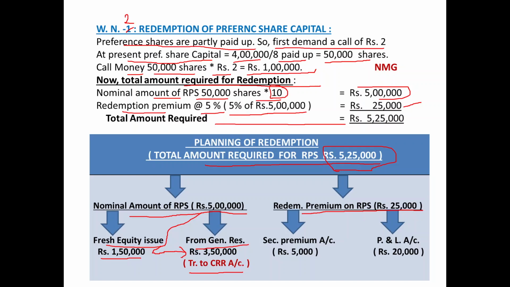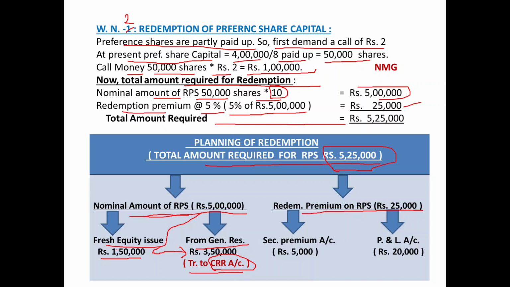As we already saw in the balance sheet, there was a closing balance of capital redemption reserve account of rupees 3 lakh 50,000. So that has been created from the general reserve account in the current year for this redemption of the nominal amount of RPS.